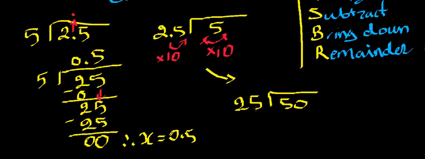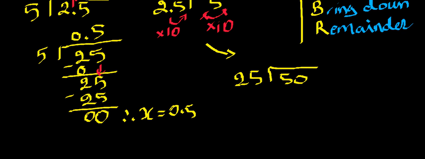Now it seems like a regular whole number long division, 2-digit long division. So I'll do the same thing as I always do. So first I divide. So I say how many times does 25 go into 5? So that would be 0. I multiply 0 by 25, it would be 0. So I bring 5 down, and I have my 0 to bring down. Okay. So that's 50.